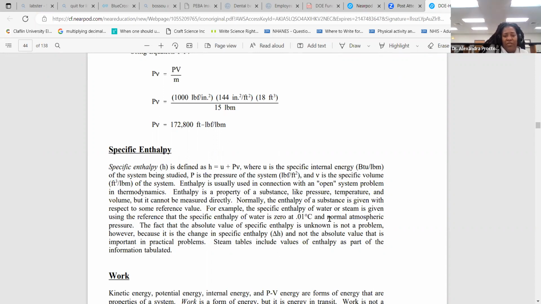Normally, enthalpy of a substance is given with respect to some reference tables. I don't know if you guys recall, but they usually have those tables with constants for H. They have constants for S. They have constants for J.